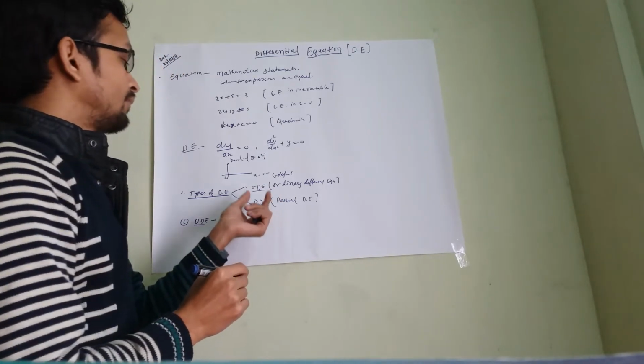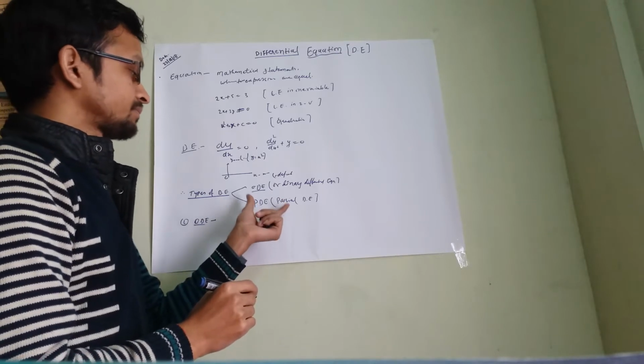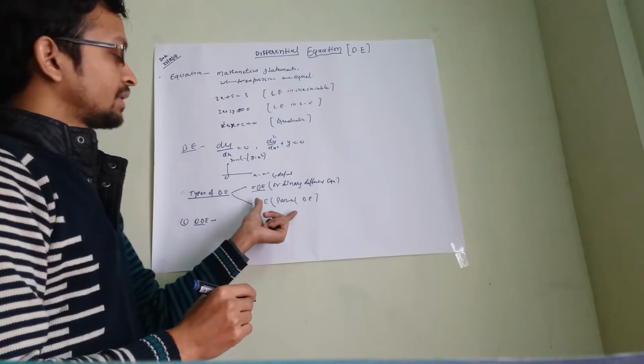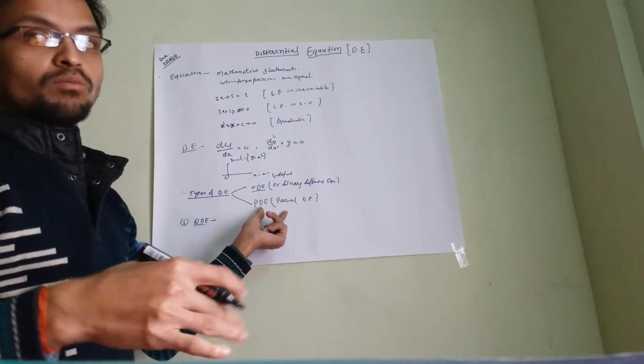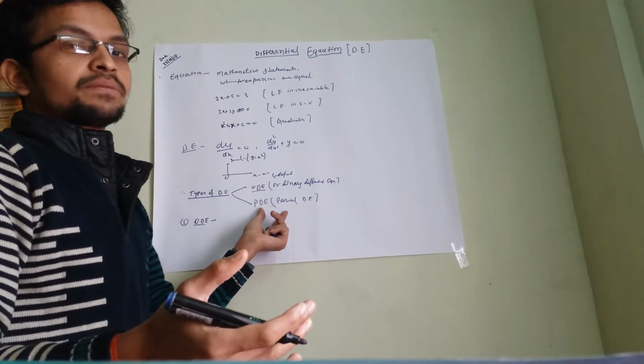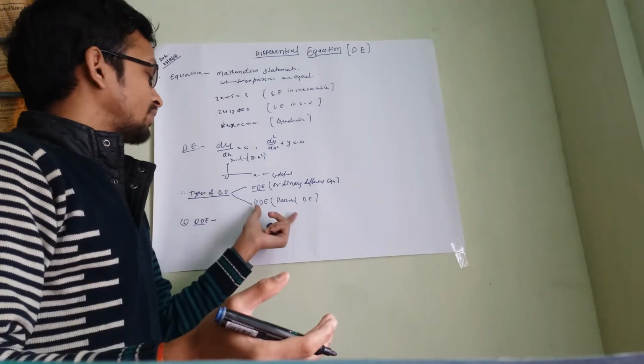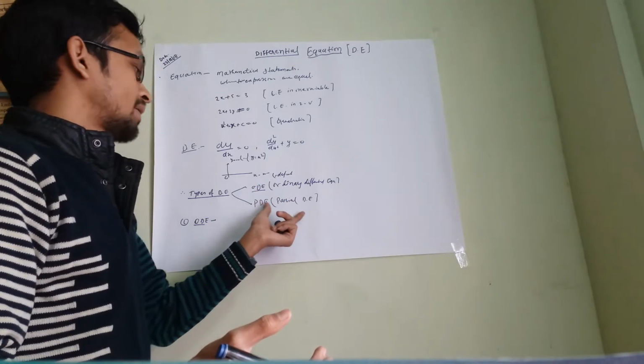And when the differential equation involves derivatives of a dependent variable with respect to more than one independent variable, then we say this is a partial differential equation.